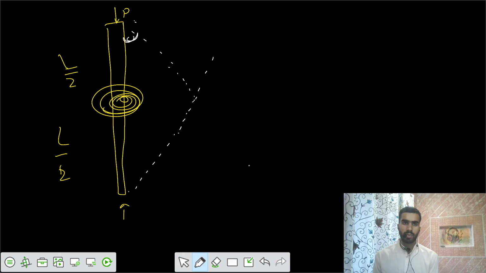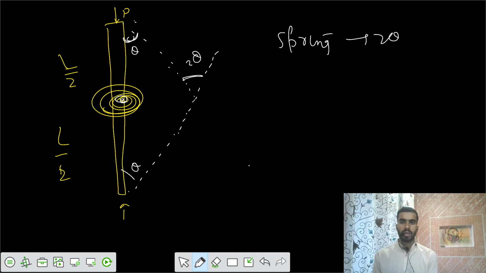Let's say the theta developed here is theta, and here also some theta, such that the external angle here would be 2 theta. So your spring is trying to resist 2 theta.